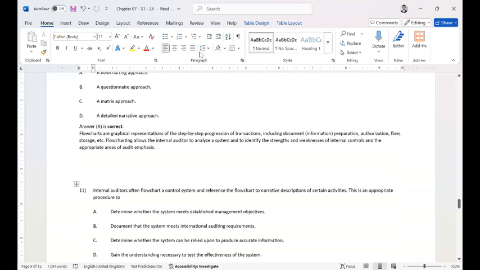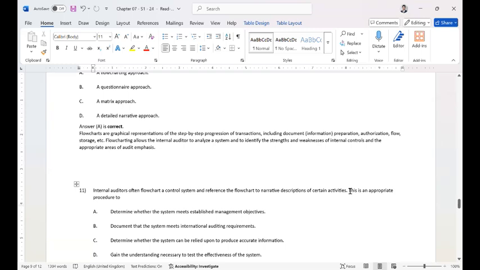Internal auditors often flowchart a system and reference the flowchart to narrative descriptions of certain controls. This is inappropriate.